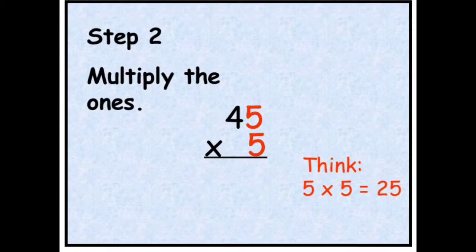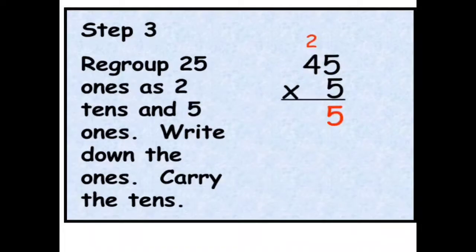So multiply the ones. 5 1s are 5, 5 2s are 10, 5 3s are 15, 5 4s are 20 and 5 5s are 25. It means 25. So 5 is here and carry 2 is here. Regrouping 25 ones as 2 tens and 5 ones. Write down the ones, carry the tens. Like this, the same process we have done in the last question.